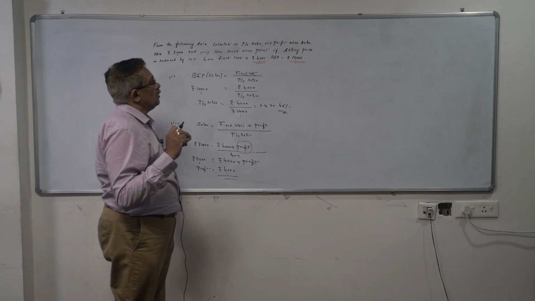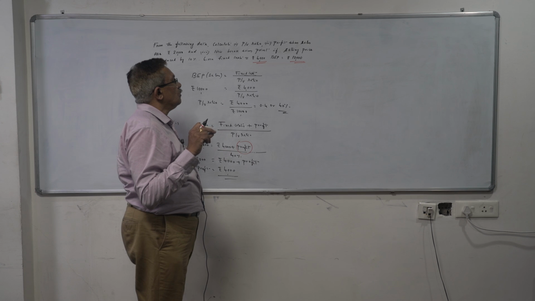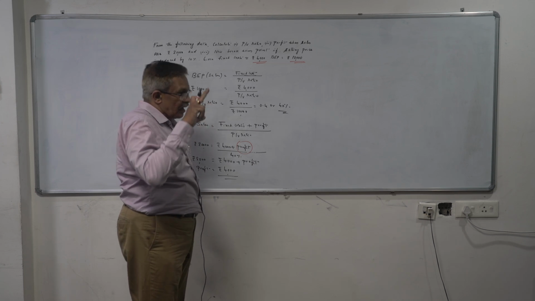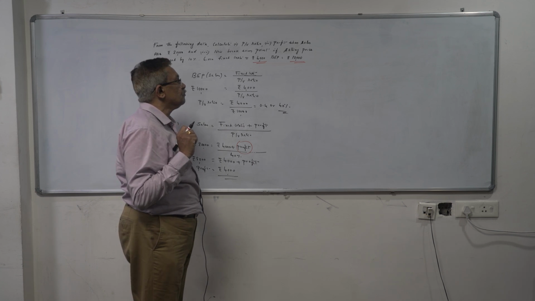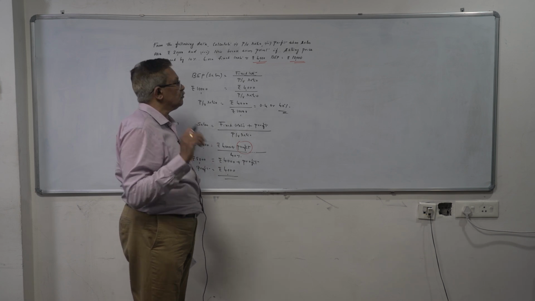So here, what is PV ratio? PV ratio is nothing but S minus V by S. S is going to come down, but the variable cost is not going to come down. So the contribution margin is going to fall down.